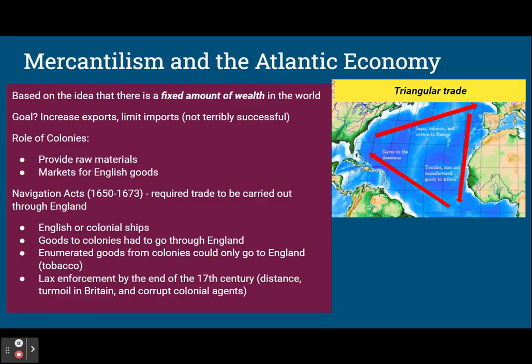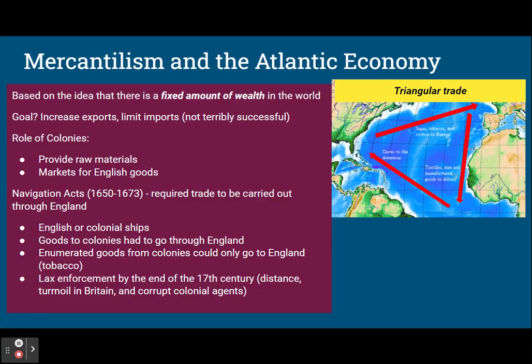In addition to that, certain so-called enumerated goods that came from the colonies, like tobacco, which was highly desirable, were only allowed to be sold to England. Now, England could, of course, then take those goods like tobacco and sell them elsewhere, again, for a higher price. But either way, the trade was supposed to flow through England, as though the colonies themselves were physically attached to England, which of course they were not.